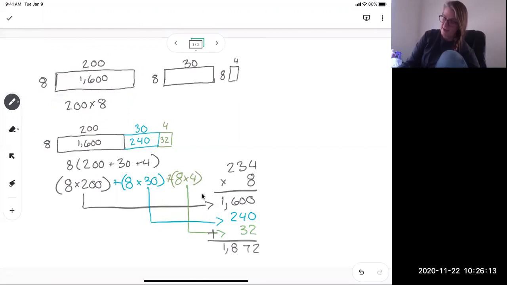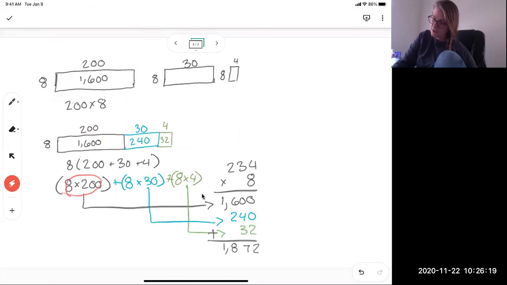So here again, we have 8 times 200, 1,600. Okay, we have our 8 times 30, which is 240. And here we're showing 240. And then we have 8 times 4, which is 32. And here is 32.